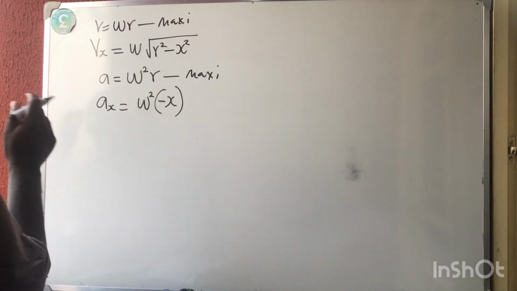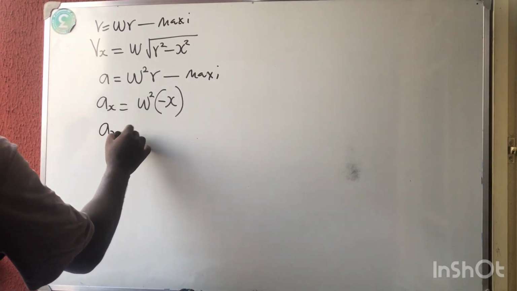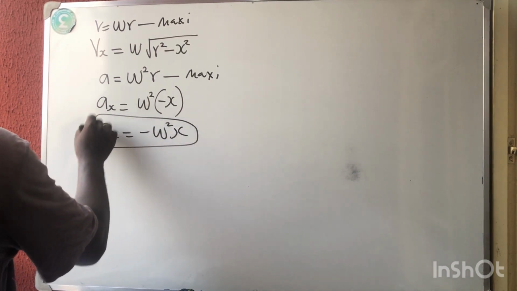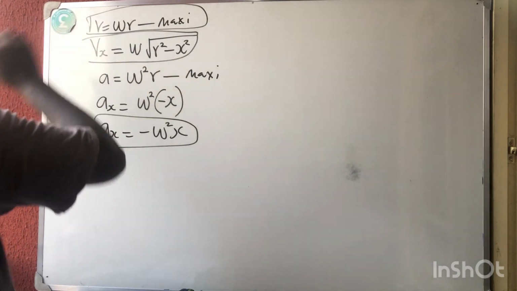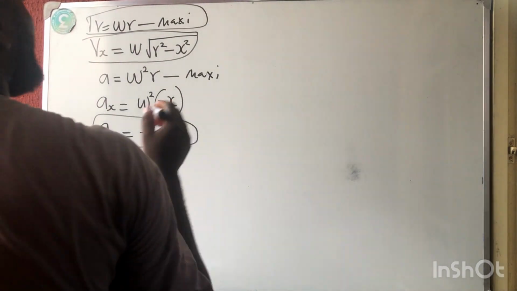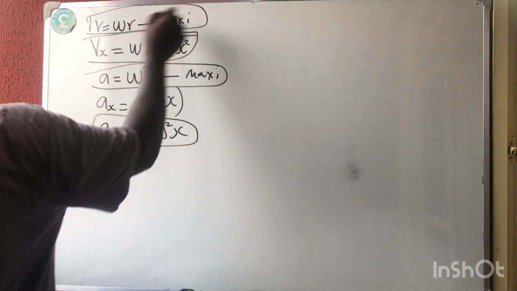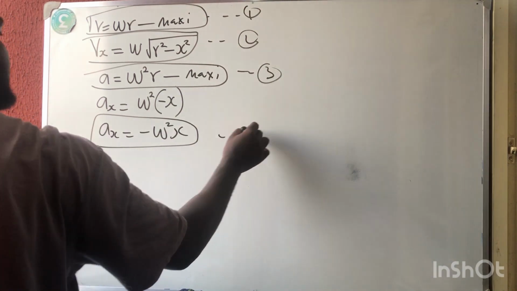So my A along the x-axis is minus W squared x. So these are the formulas you need to know. The four of them: equation 1, equation 2, equation 3, equation 4.